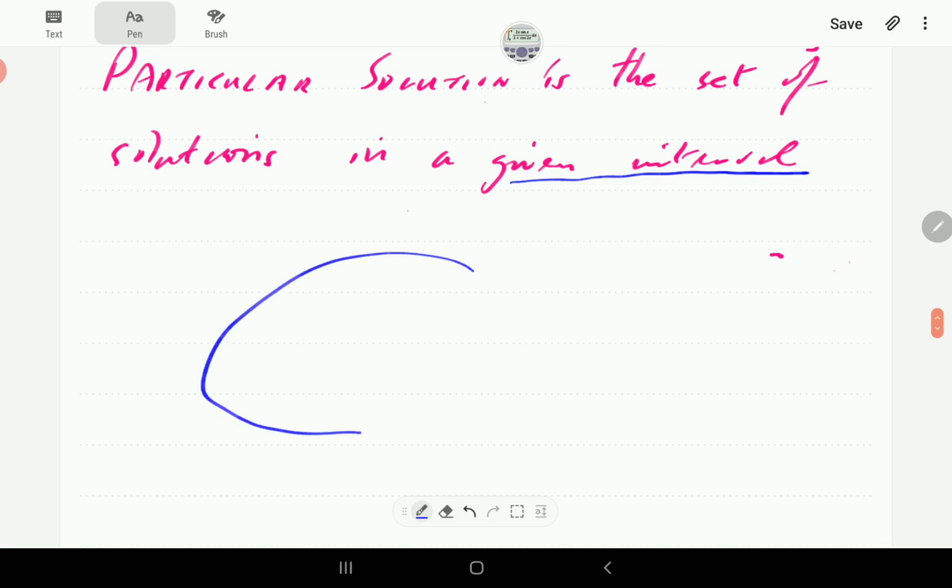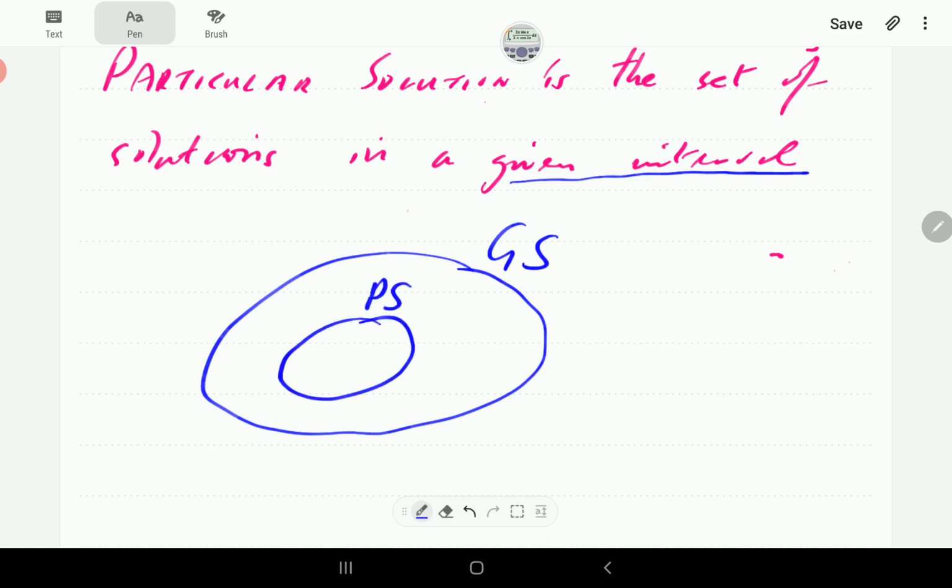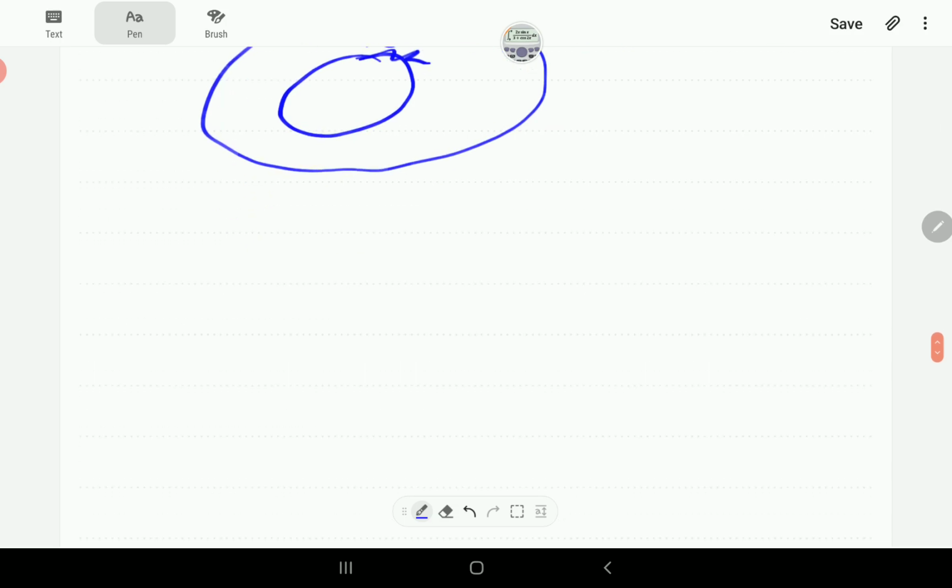So if you like, in terms of a Venn diagram, if this is the general solution, the particular solution is always going to be a proper subset of the general solution. And so it is usual to find the general solution first, and then from there we can extract the particular solution. So let's see how this works out as we go through example number 1.